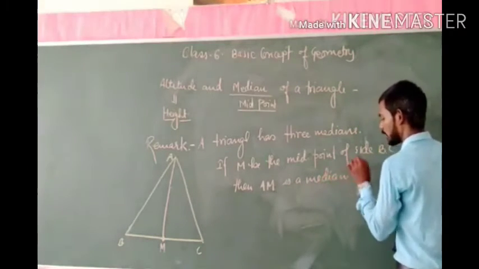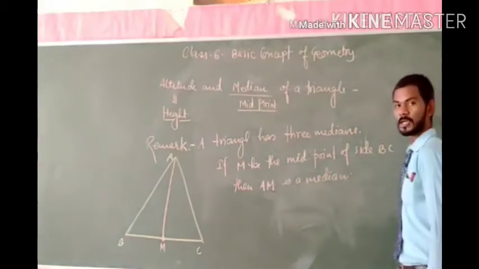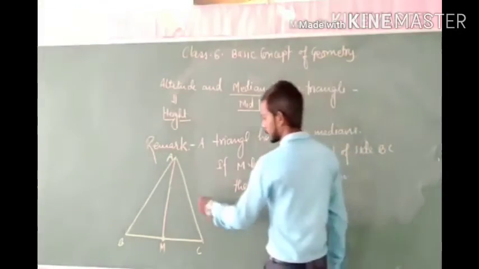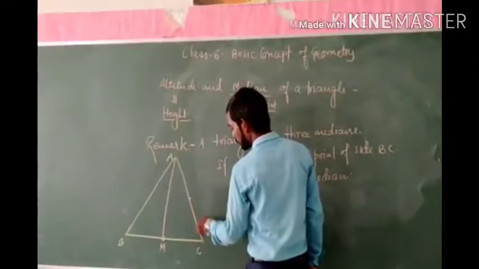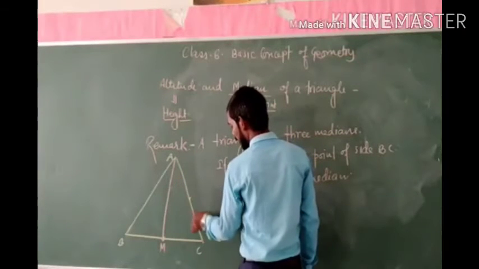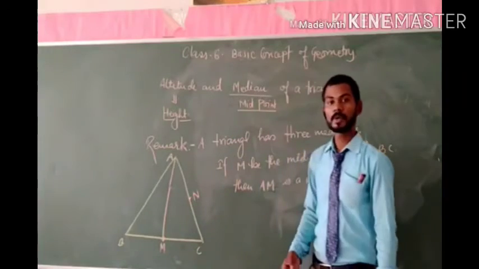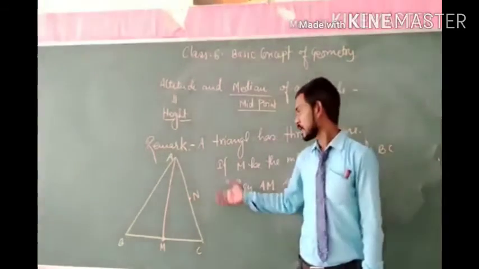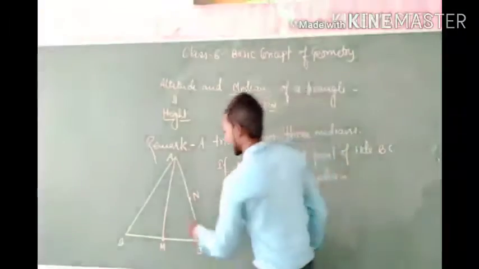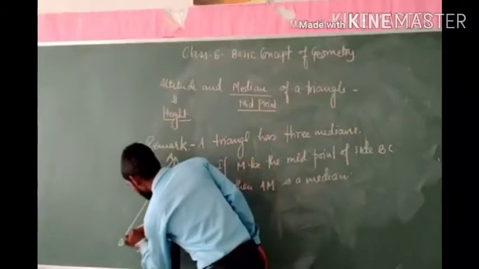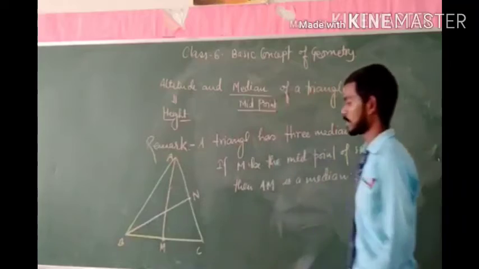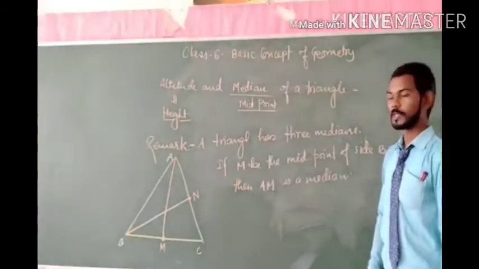This is the first median. Similarly, if we suppose that N be the midpoint of the side AC, then the line segment BN is the median of the triangle ABC.